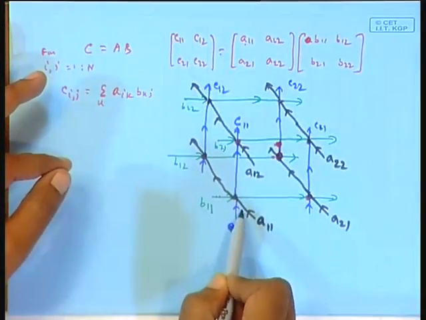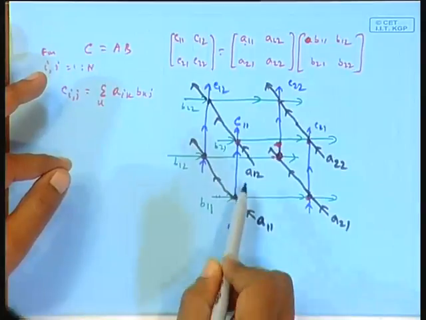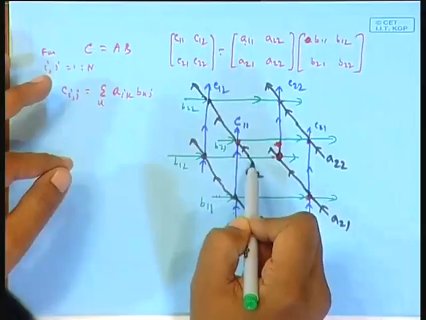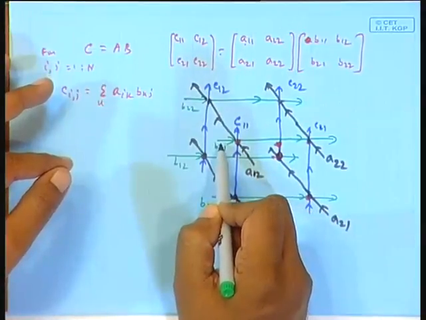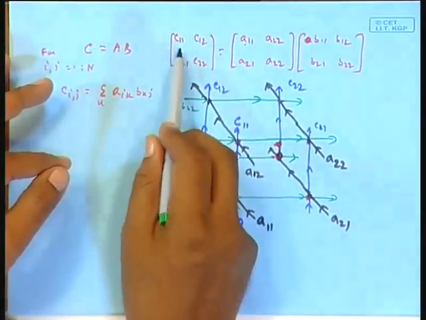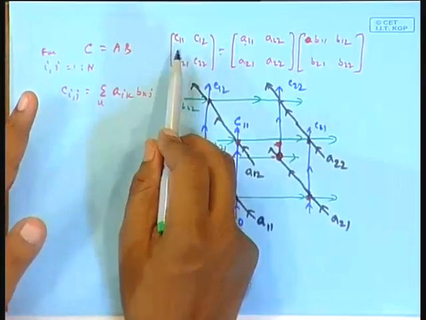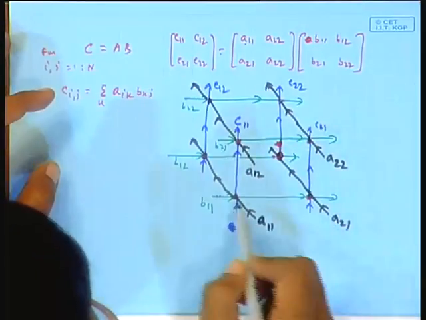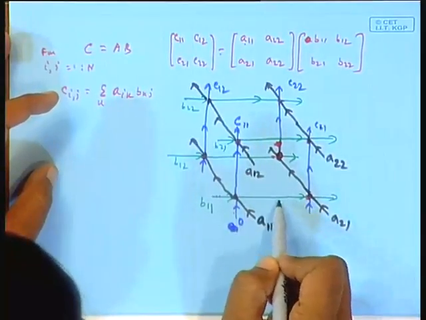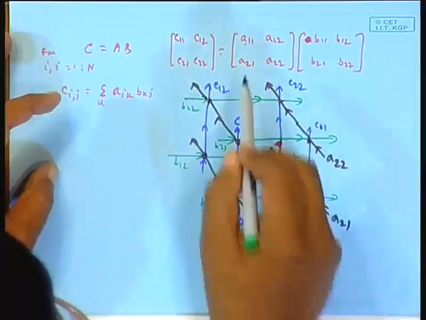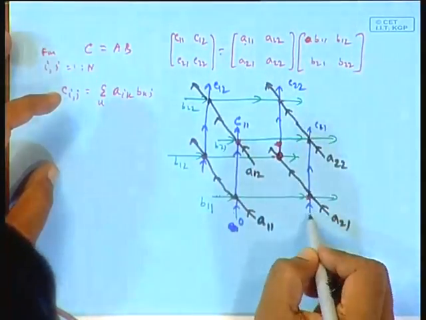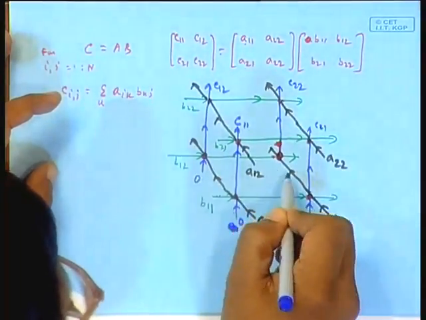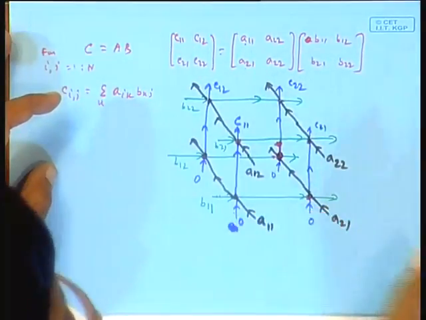B11 into A11, A11 B11 plus 0, that comes up here. A11 B11 comes up here, and then A12 B21, that gets added to that. So, that is C11. Similarly, A21, same B11 propagates. A21 into B11 plus this 0, plus 0.